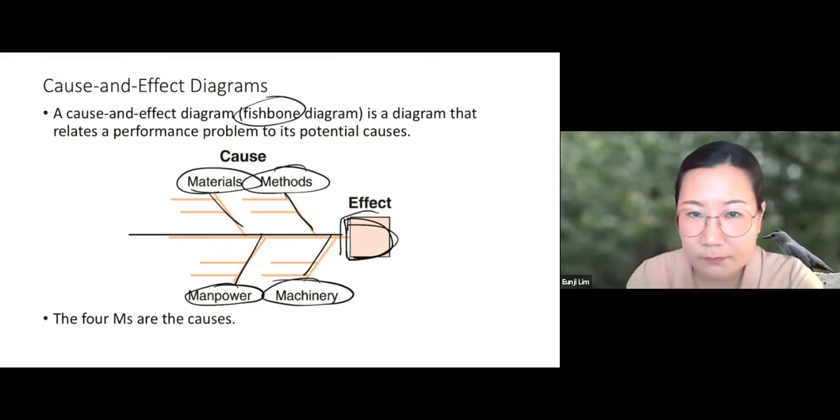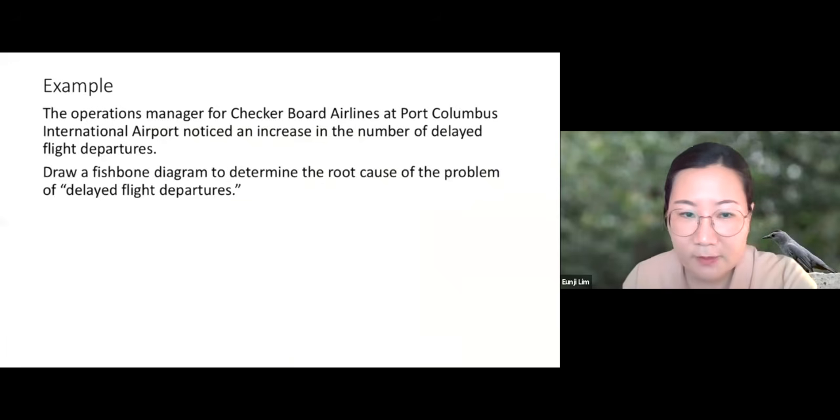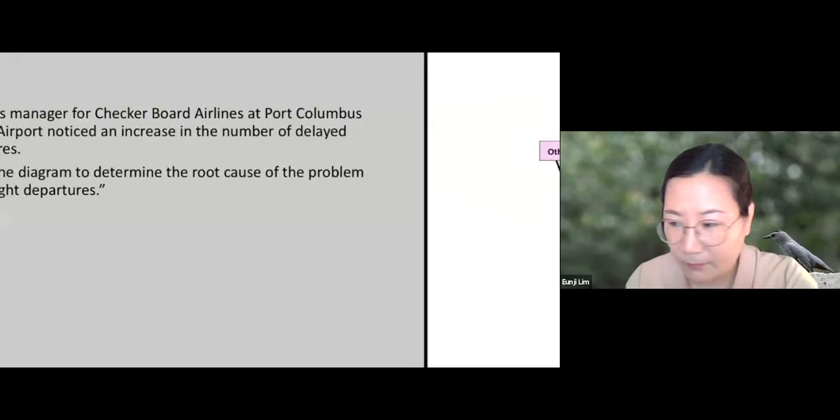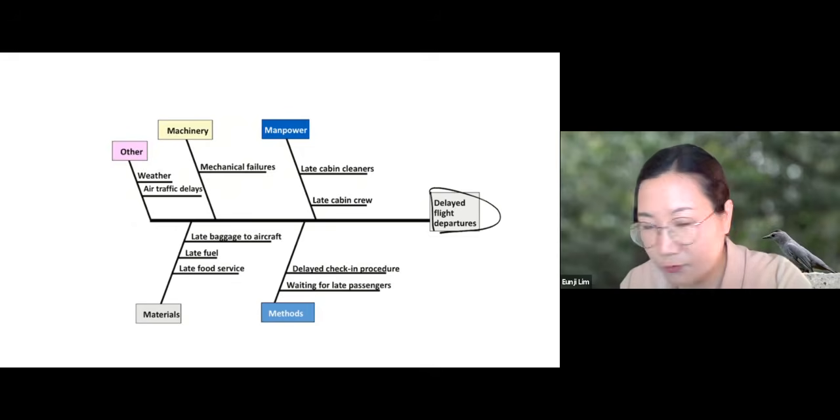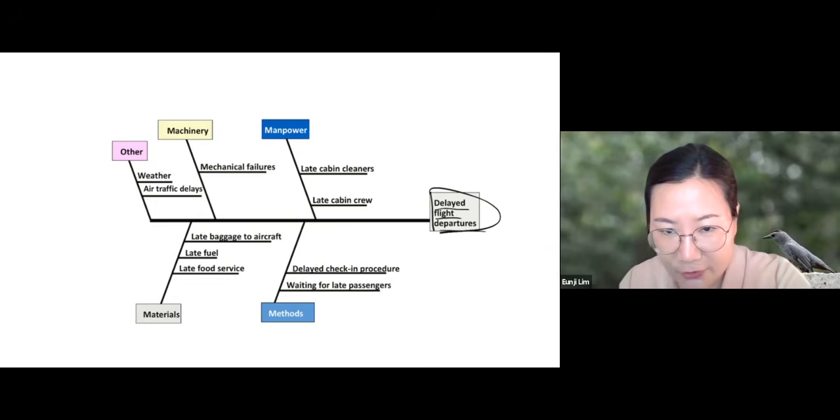So let's take an example. The operations manager for Checkerboard Airlines at Port Columbus International Airport noticed an increase in the number of delayed flight departures. Draw a fishbone diagram to determine the root cause of the problem of delayed flight departures. So on the head of the fish, you're going to put the problem we have, which is the delayed flight departures.